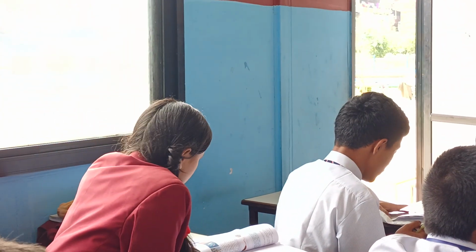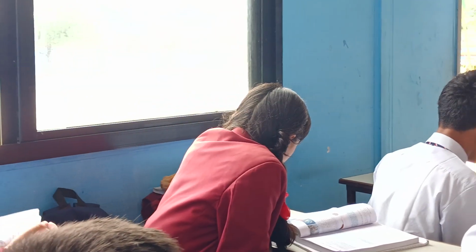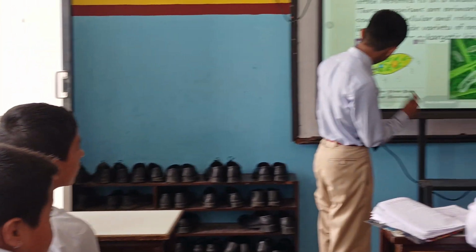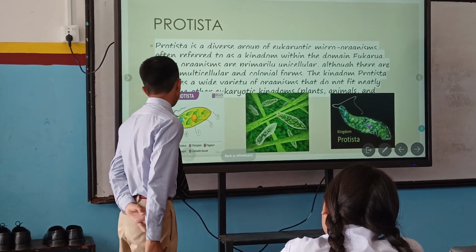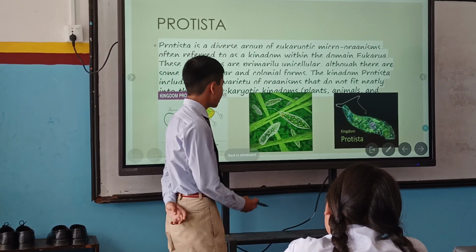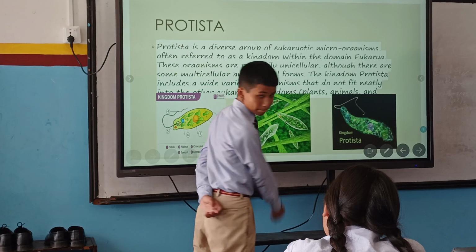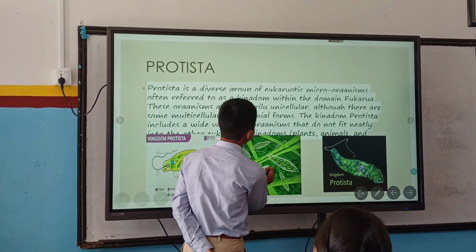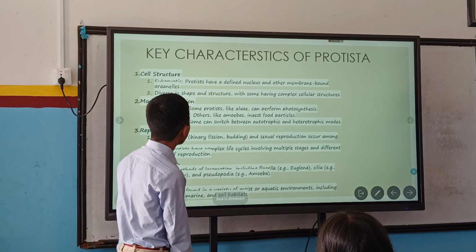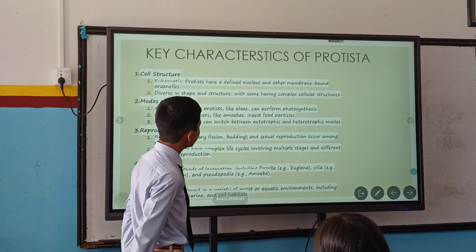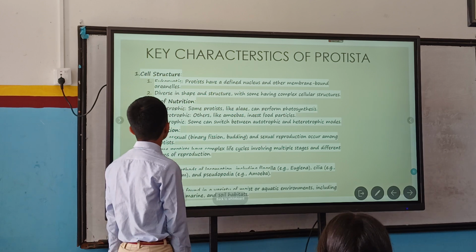The microorganism's body is shaped like a circle, and there is a tail-like substance coming out of its head. Next, key characteristics of Protista cell structure.